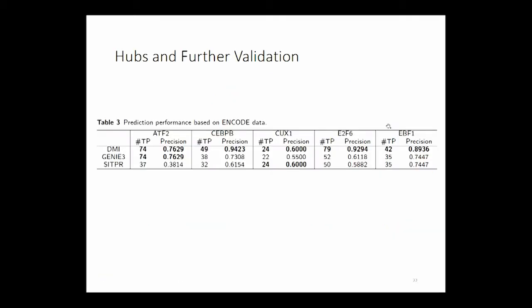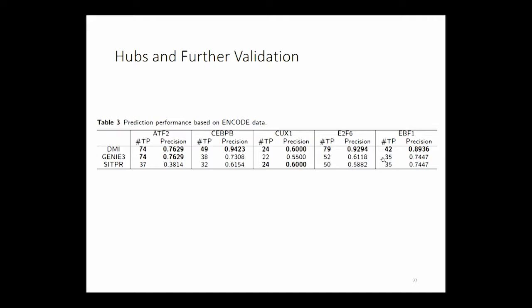We also did some follow-up validation. We compare the edges inferred from data with the ENCODE output, the experimentally validated output. For all the cases, we have the highest accuracy.